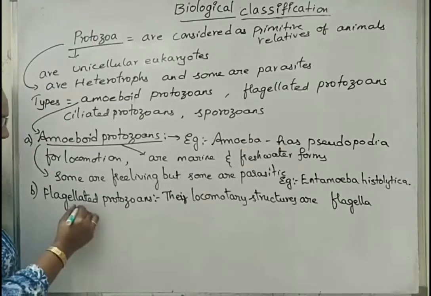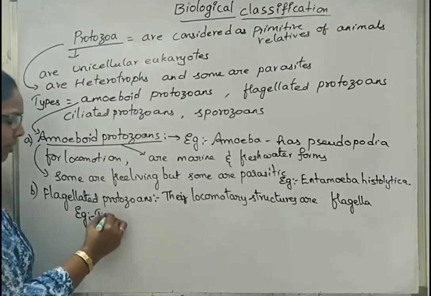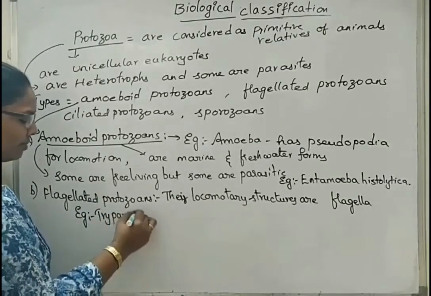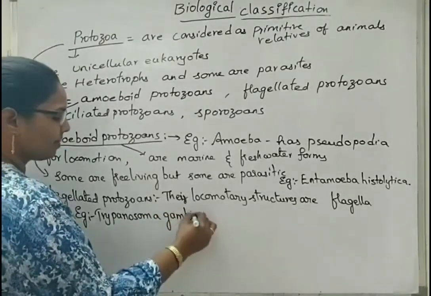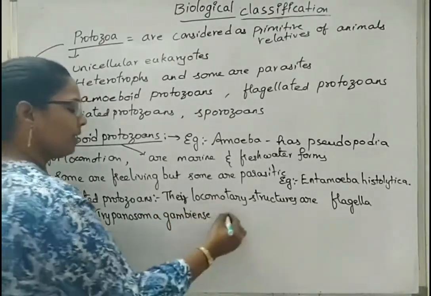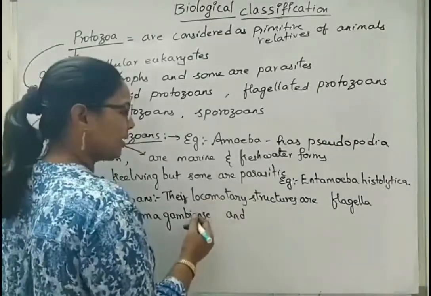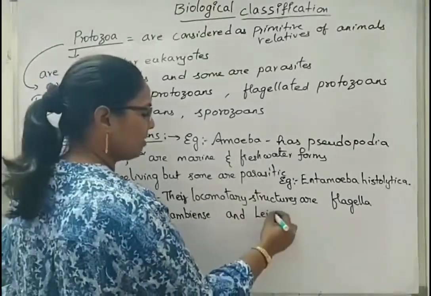Examples are Trypanosoma gambiense and the other example we can see is Leishmania.